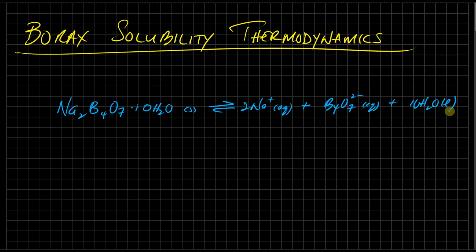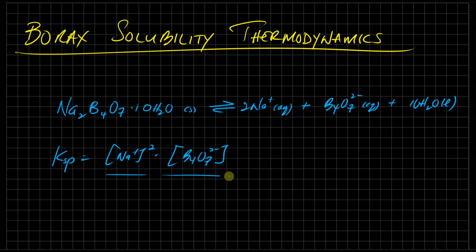If we want to think about the Ksp for this reaction, it is of course your sodium ion concentration squared times your B4O7 2 minus concentration. So if we know the concentrations of these two things, we can find the Ksp for this salt.